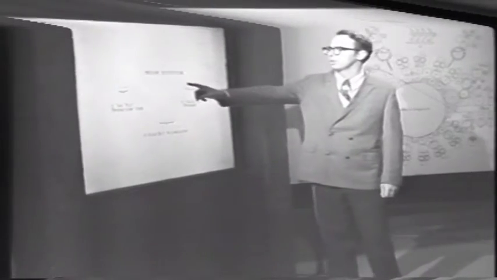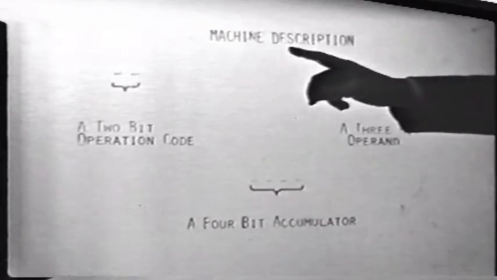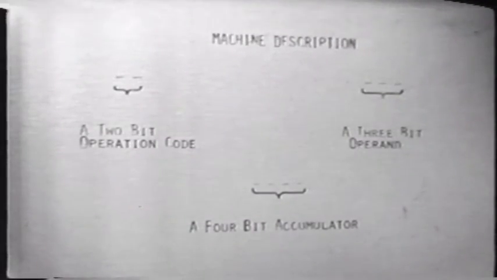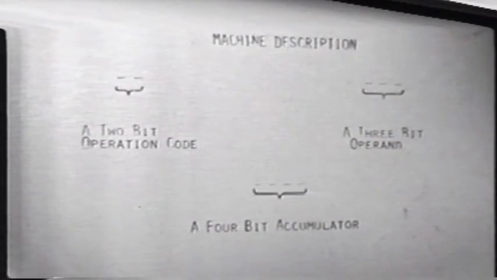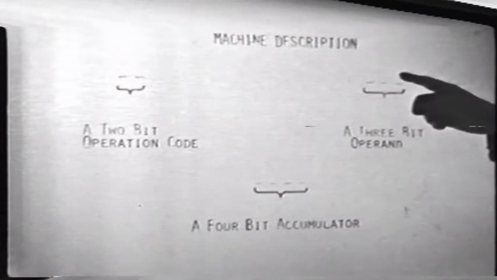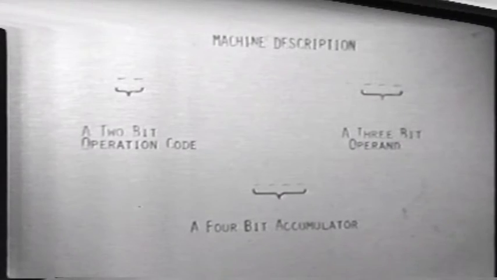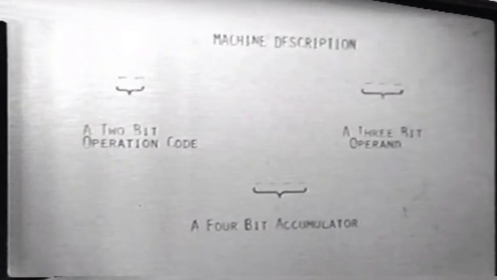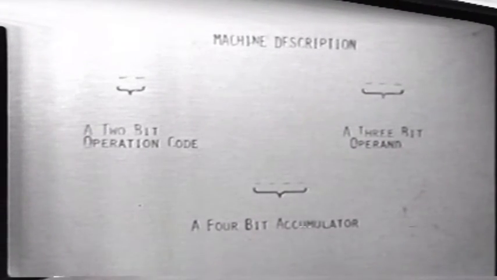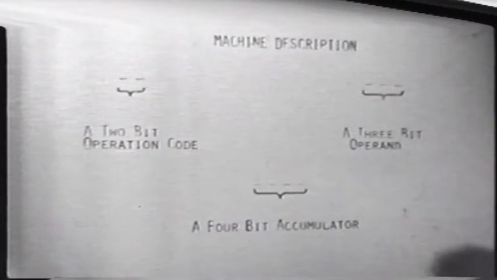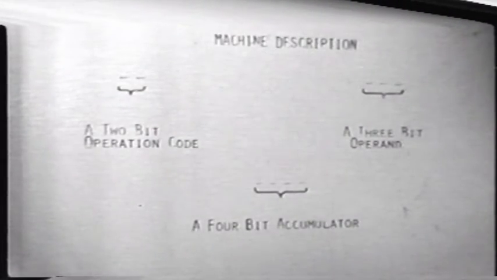I can have either of the bits 0 or 1 in those locations. Likewise, I have a 3-bit operand, any one of the digits 0 or 1 in any one of these locations. And finally, let's assume I have a 4-bit accumulator, the place where the results are going to go, where a 0 or 1 can appear in any one of those positions.